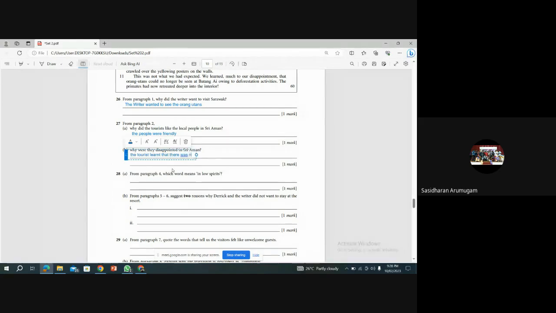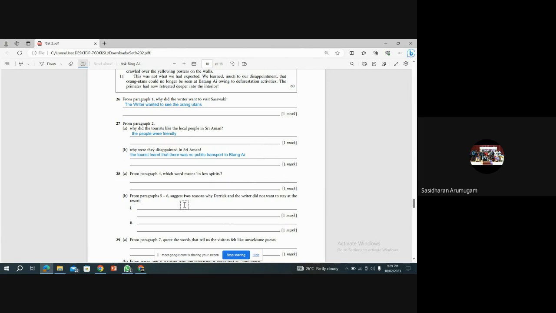To where? Batang what? Batang Ai. Ah, yeah. Okay, because the tourists learned that there was no public transport to Batang Ai.